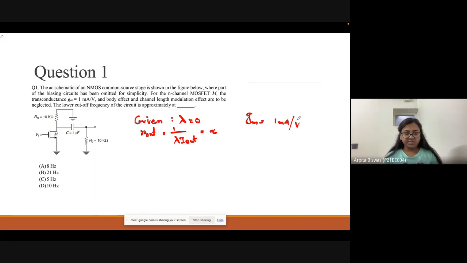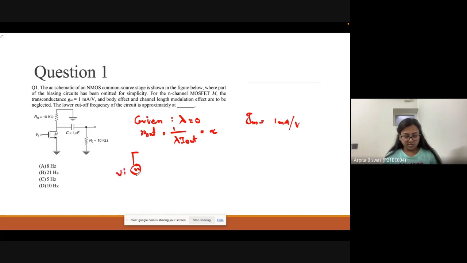Can you convert this circuit into an AC equivalent model? Then it will be easy to solve this type of question. So tell me how it looks. In the gate side, there is a voltage source, Vi.